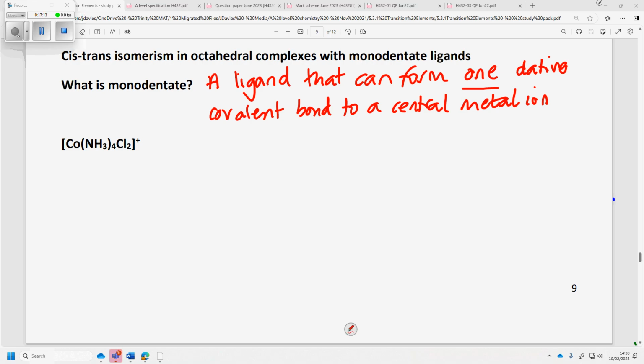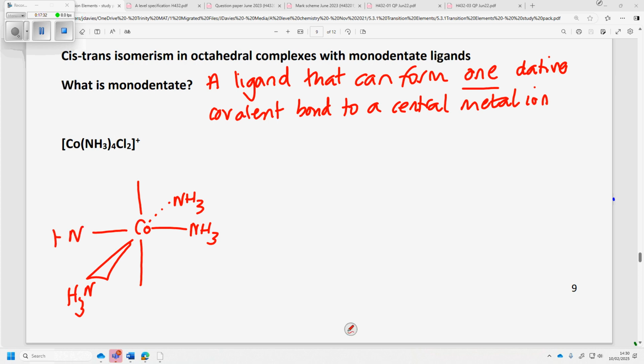So when I look at my octahedral complex here, I need to arrange my ligands in different ways. So what I'm going to do is put all of my ammonias like this, and then the fluoride ions 180 degrees away from each other.